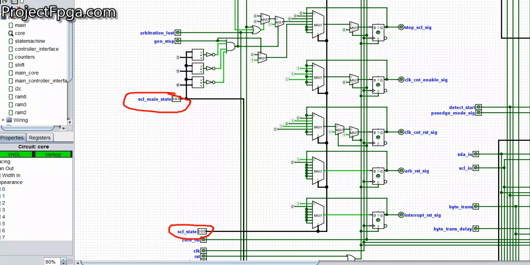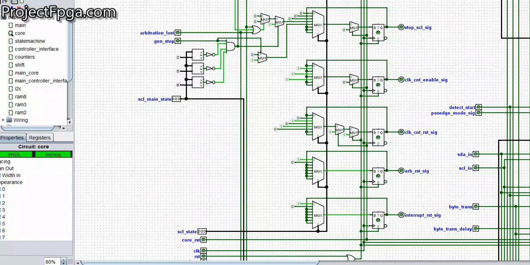I told you that this main state works for both when the I2C is operating as a master or slave, while this works only when it's operating as a master. So I'm going to talk about this.